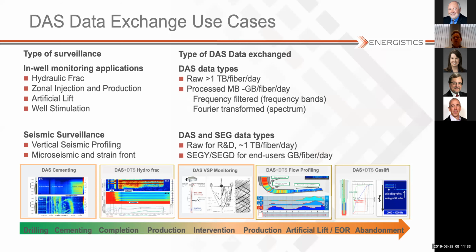Now, of course, we don't always exchange or transfer all that data. So typically there's some processing taking place that, for example, filters frequencies, or people use some kind of mathematical transformation, like a Fourier transformation or another transformation, to create a spectral plot of the data, and then that downsizes the data to megabytes or gigabytes a day.